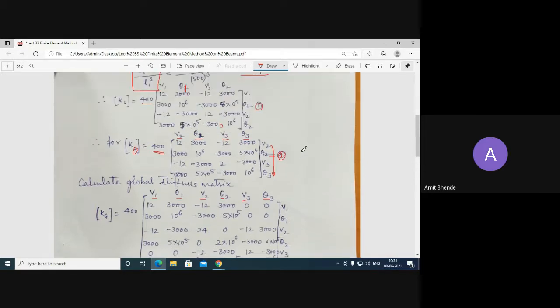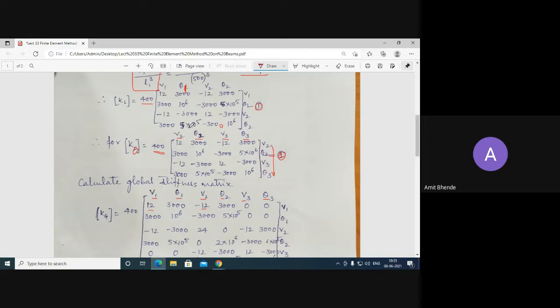So for example, V1 row number, V1 column number, this is 12. Theta 1 V1 is 3000. V2 V1 is minus 12.